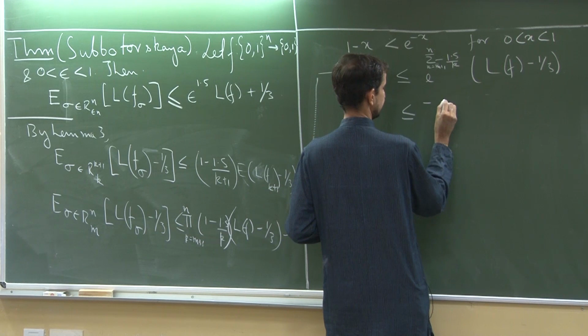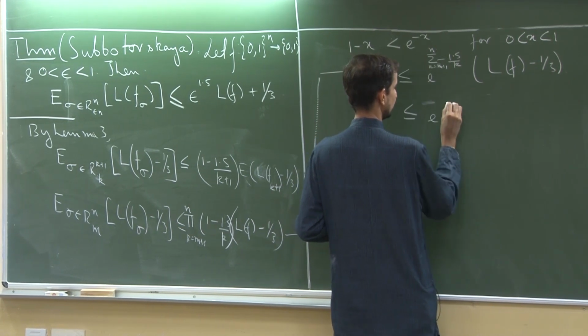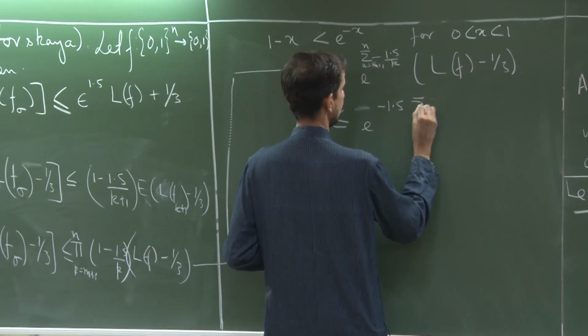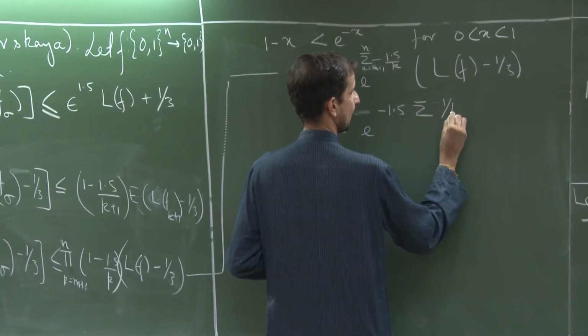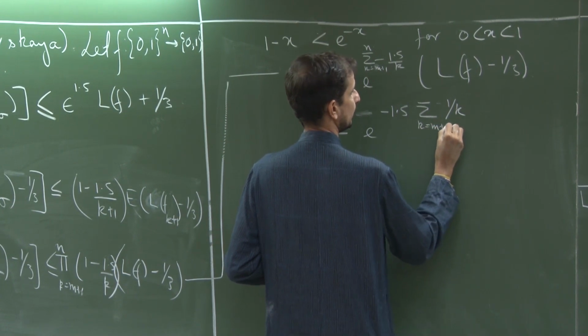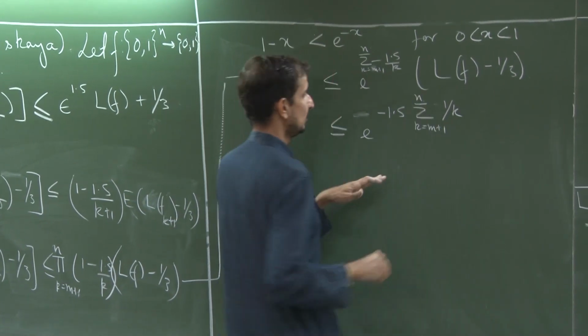I take the minus 1.5 outside: e to the power minus 1.5 sigma 1 over k, k going from m plus 1 to n.